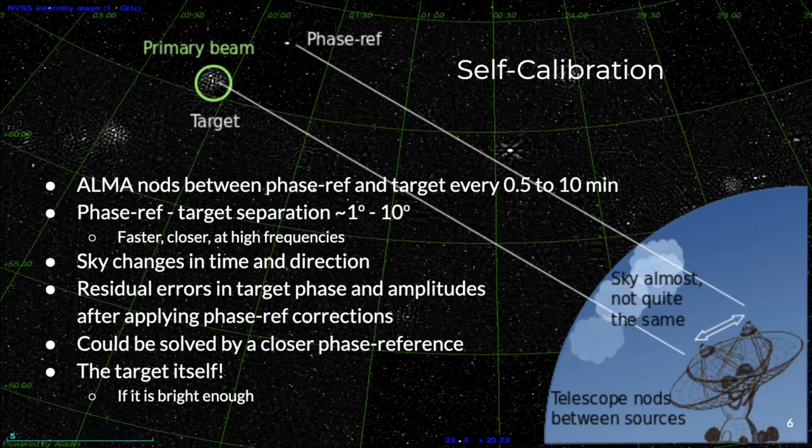Those phase offsets can be corrected, provided that the science target is bright enough.